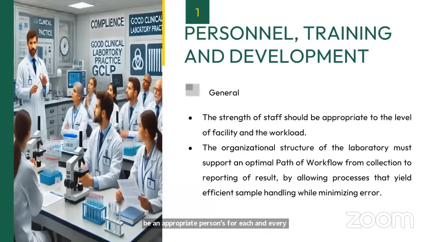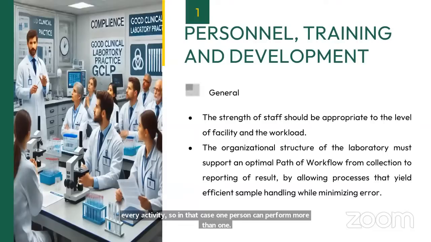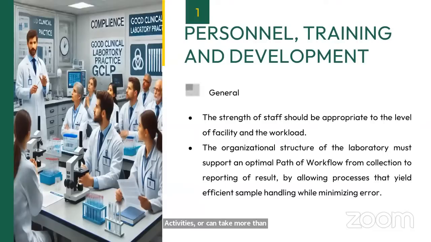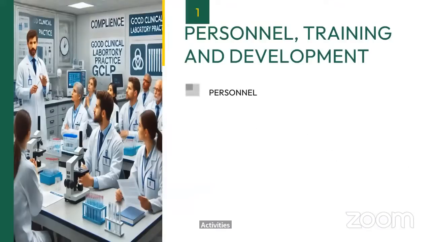Sometimes there are very small labs, so you may not require dedicated personnel for every activity. In that case, one person can perform more than one activity or take more than one responsibility. The resources should be managed efficiently so as to minimize errors.